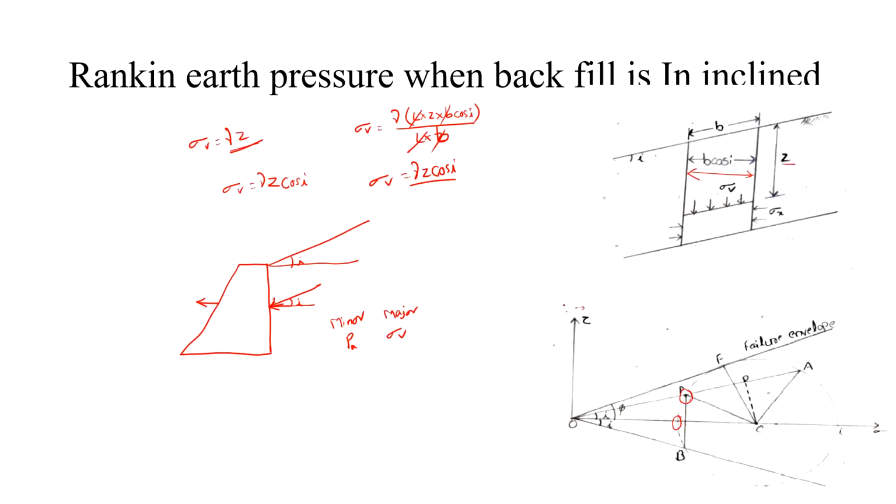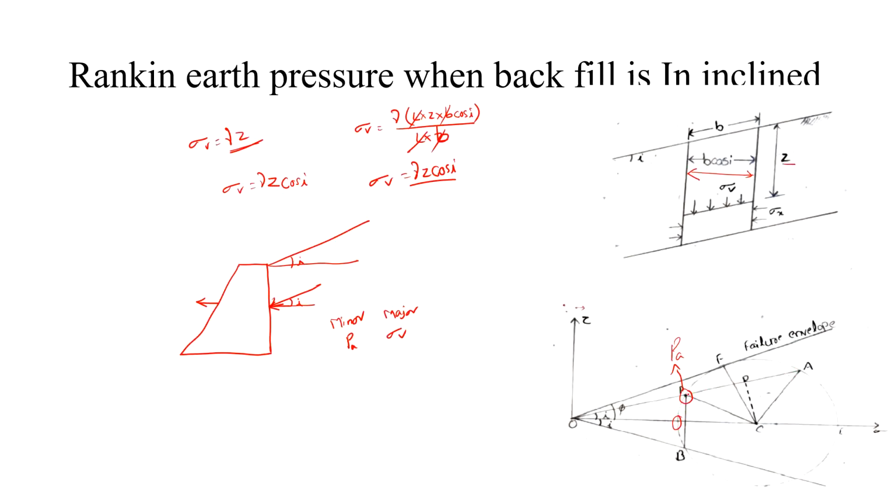So the Mohr circle is intersecting at this place. So this horizontal stress we consider as the active earth pressure. In the passive condition also, where the Mohr circle touches on the inclined plane, at that place we have to consider passive earth pressure. So now we are in active condition.